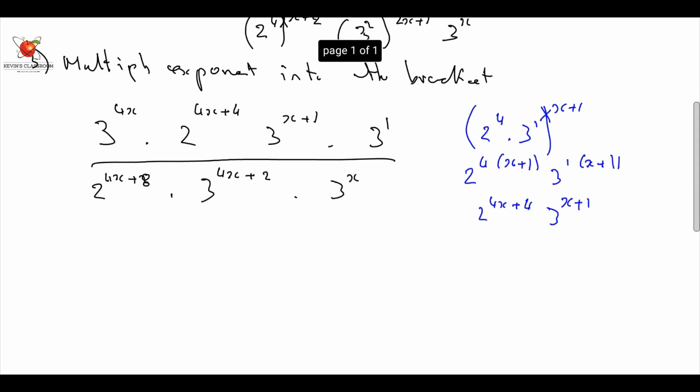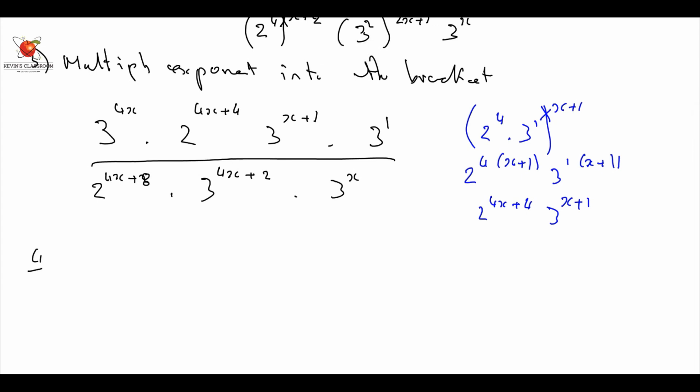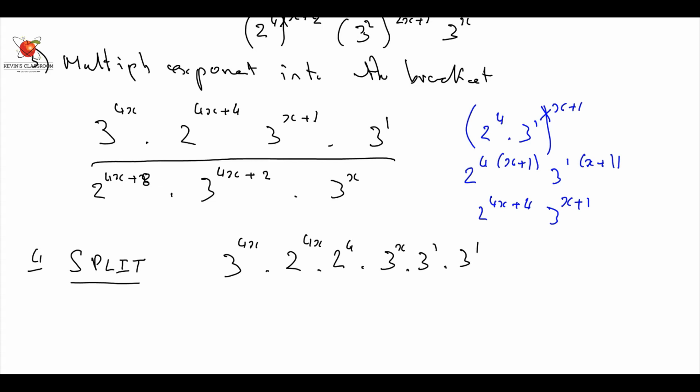The next step, there's a couple of ways of doing this. I like to say, right, split. On top, 3 to the power of 4x, 2 to the 4x, 2 to the 4. Why? Because the base is the same, therefore if I multiply, I am adding 3 to the x, 3 to the 1, and 3 to the 1 like so.